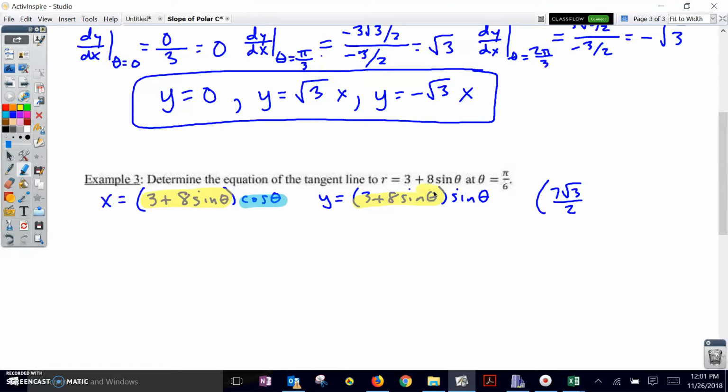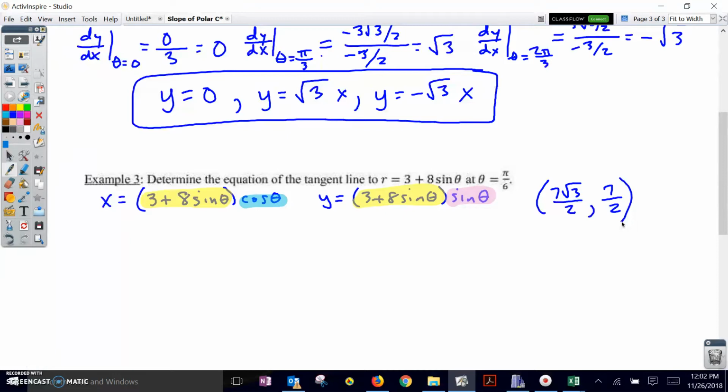We know that this is 7, and the sine of pi over 6 is 1/2, so y is going to be 7/2. So there's my point of tangency, and now all I need to write the equation of the tangent line is the slope of the curve, dy dx.